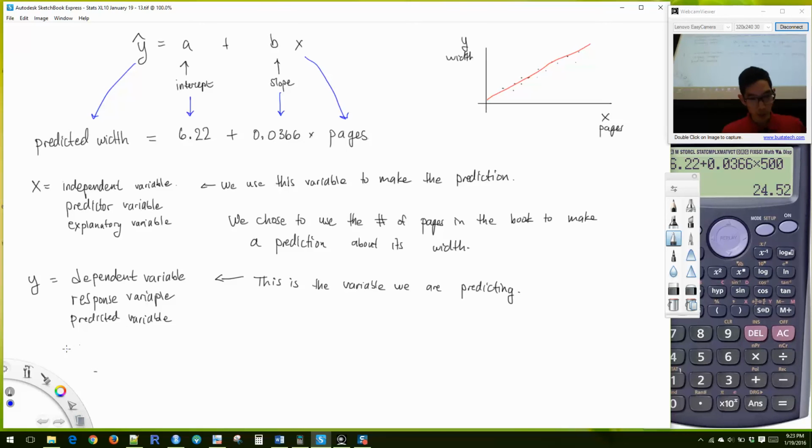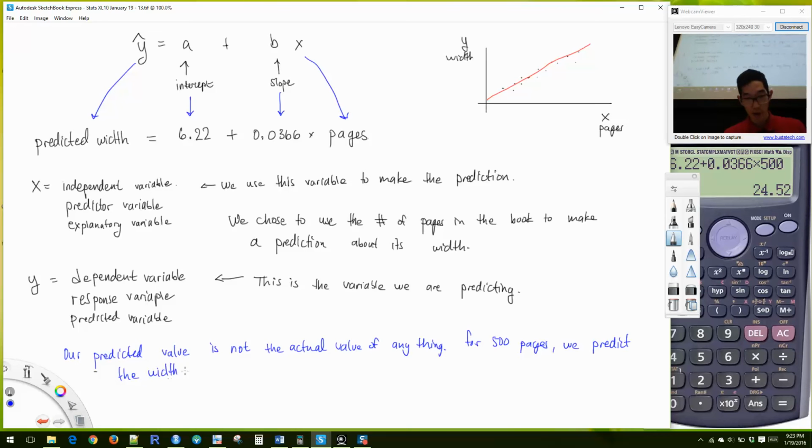So our predicted value is not necessarily the actual value of anything. For 500 pages, we predict the width is 24.52 millimeters.